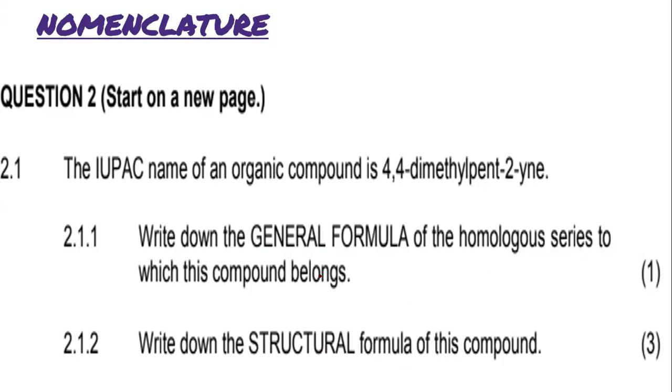for us to be able to write down the general formula, my dear learners, remember, I must first know where this organic compound belongs. In other words, I must know the homologous series. When I know the homologous series of this molecule, then I will be able to give the general formula.